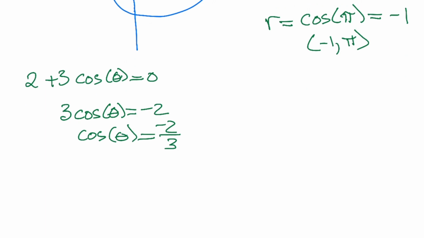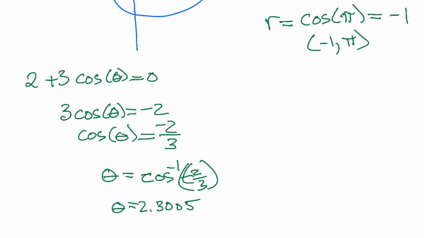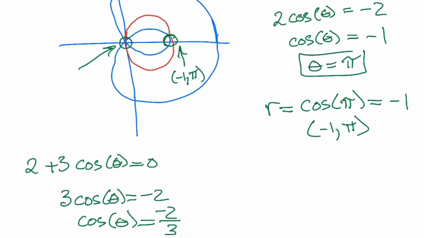That's not one of our special angles. So I'm going to use the cosine inverse of negative 2/3 on my calculator, the arc cosine of negative 2/3, which happens to be 2.3005. So theta is 2.3005.